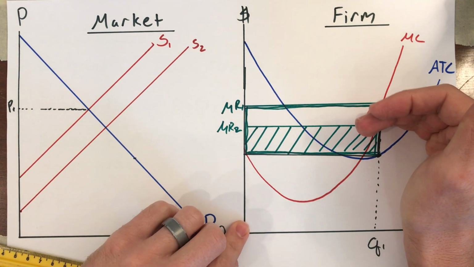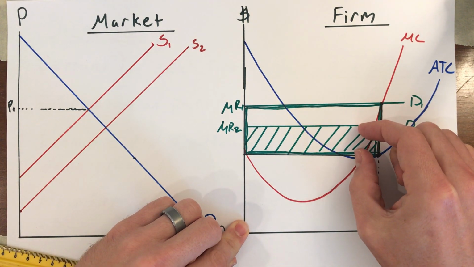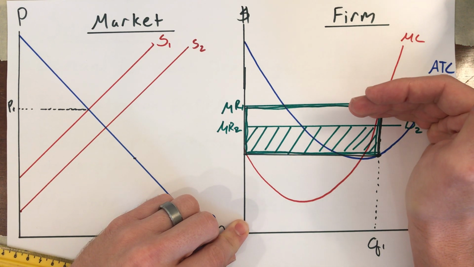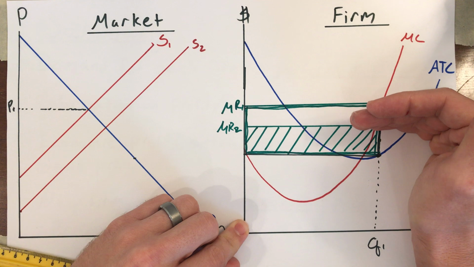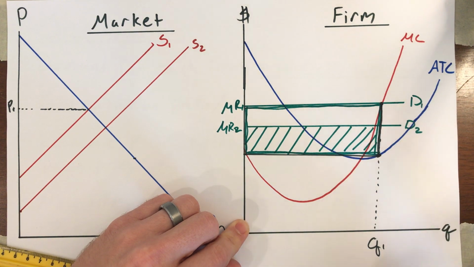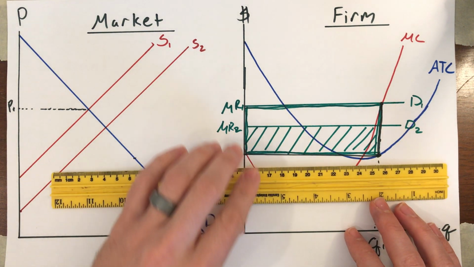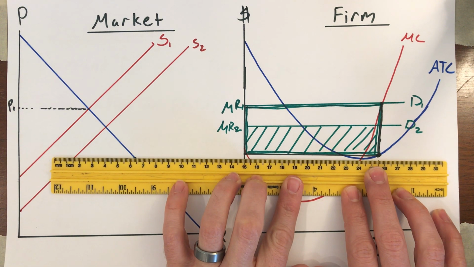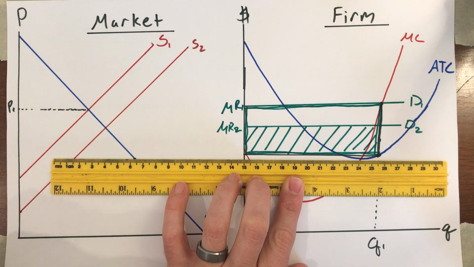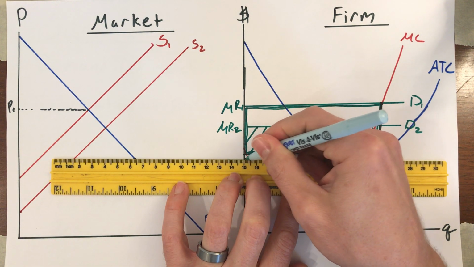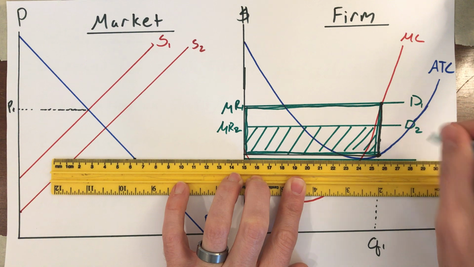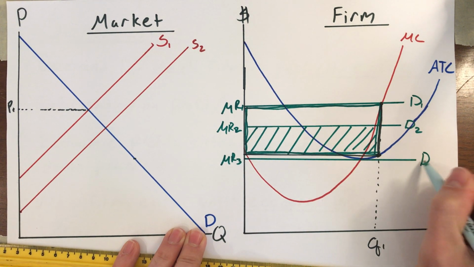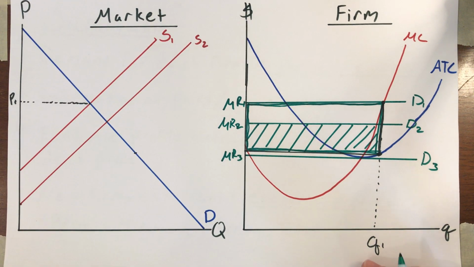As long as there's any economic profits, those economic profits are going to keep on attracting new firms into the market and pushing the price down until we reach the minimum of the average total cost curve, which is right here. Call that MR3 or demand curve 3.